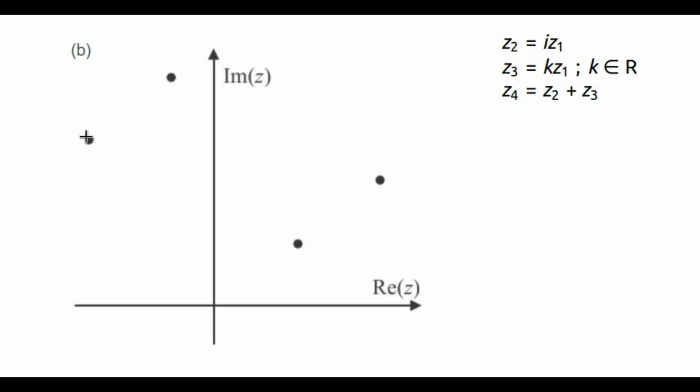If we take this complex number and go up and to the right, we get to the other point. So that means that this one must be z2. So let me just mark that. z2. Secondly, we also know that this is z4 now.